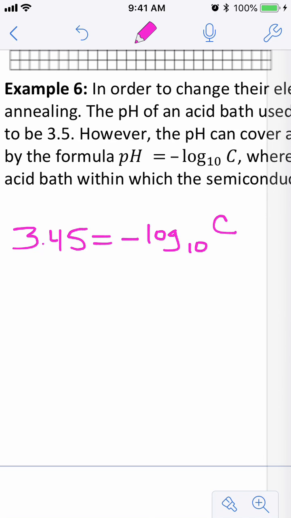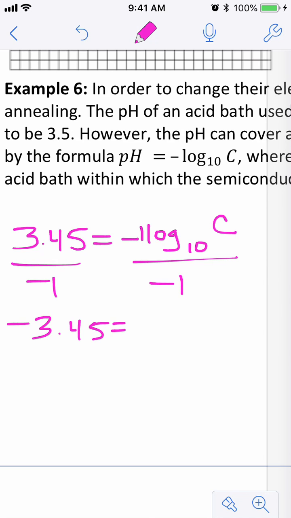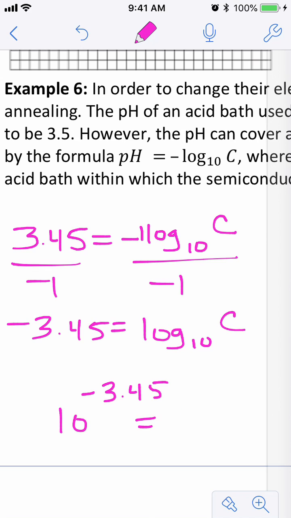I know you're probably thinking to yourself, what the heck is a negative log? No. It's the same as negative x. It's negative 1 times log. So let's just divide by negative 1 on both sides. So we have negative 3.45 is equal to log 10 of c, right? So we'll make our little circle. 10 to the negative 3.45 is equal to c.